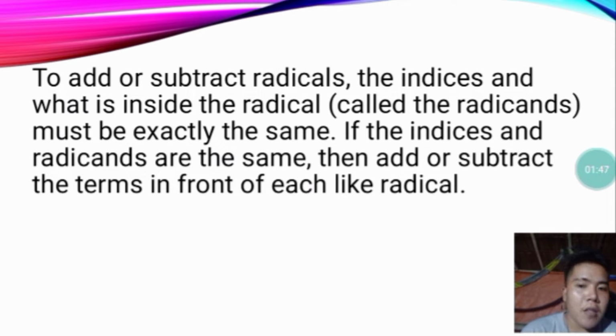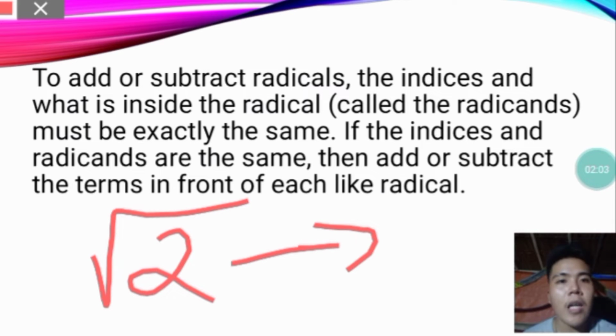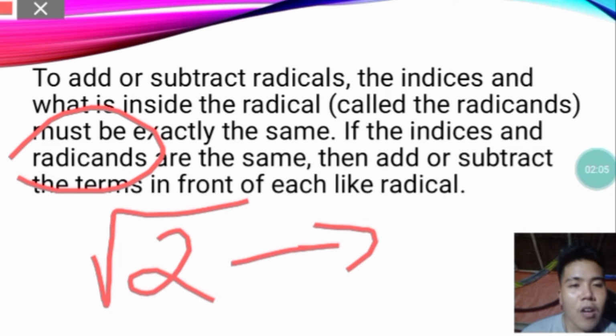So what is the radicand? As you notice, we have a square root sign. For example, we have the square root of 2. This 2 here is what we call the radicand. To be able to add radicals, two radicals or three, four radicals, the radicand must be the same.